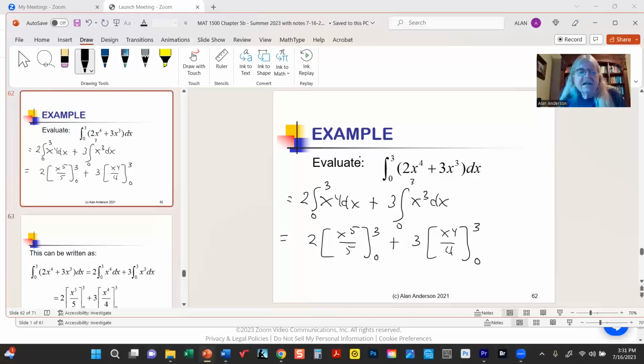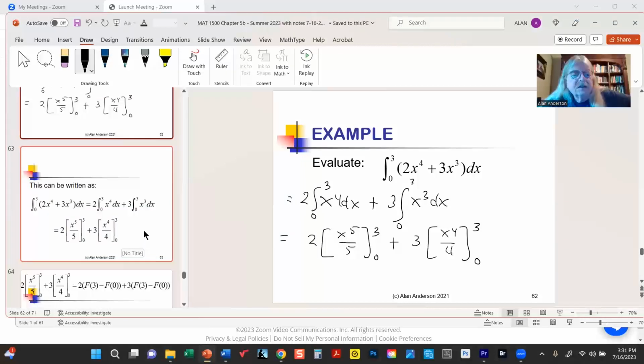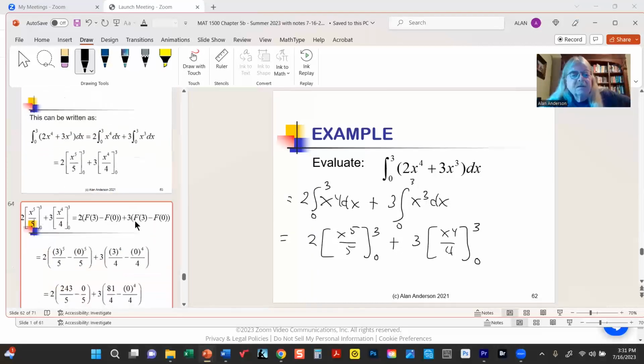And then in the second case, we have 3 times x to the fourth over 4, evaluated from 0 to 3. Now, of course, even here, we could do a little bit more rearranging if we wanted to move the 1/5 from the first case outside and the 1/4 in the second case outside, but it's not absolutely necessary.